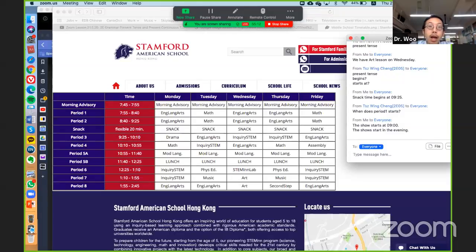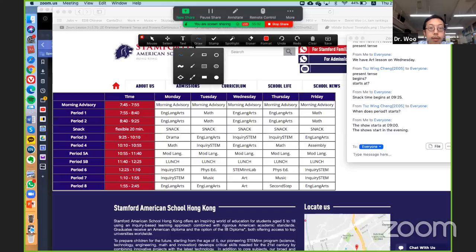When we ask questions, we have to do the same thing. But sometimes we have to use more than one verb. So in the question, when does period 1 start? We have 2 verbs. But only one changes.